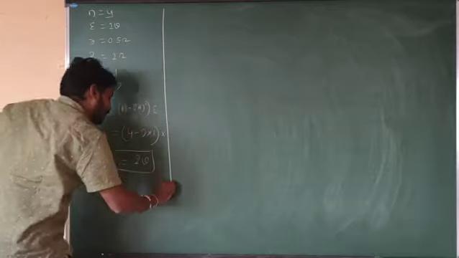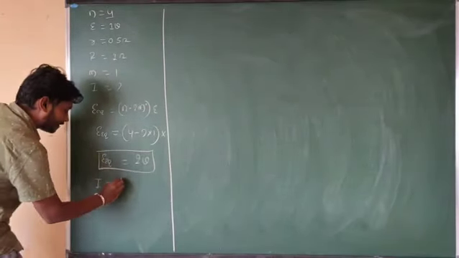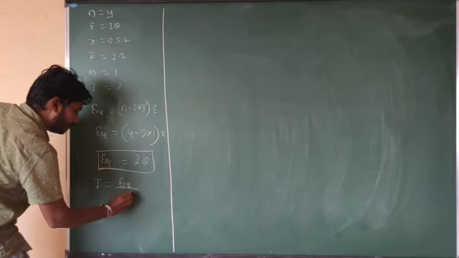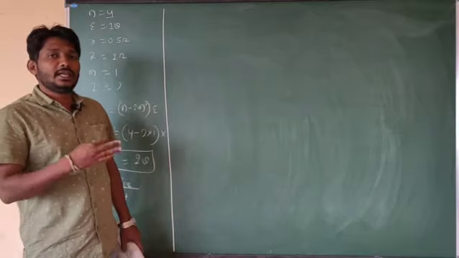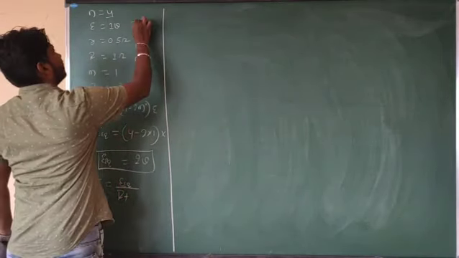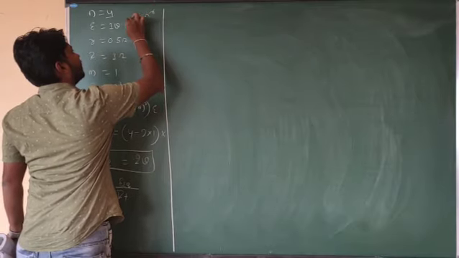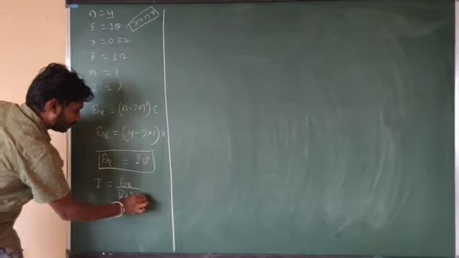Then I can find the current through the circuit. I is equal to E equivalent divided by R plus R equivalent. In case of series combination of cells, what is the connecting formula for internal resistance? If n number of cells are connected here, R equivalent is equal to n into R. So I will use that same formula here.